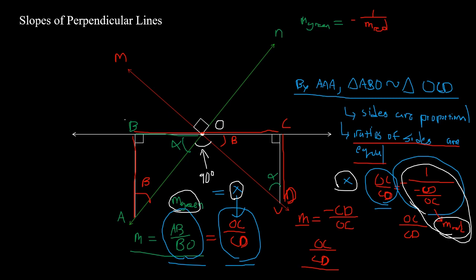In other words, M green multiplied by M red is equal to -1, because you just multiply by the slope of red on both sides. So this is the proof that the slopes of perpendicular lines are the negative reciprocals of each other, and that when multiplied by each other, they equal -1.